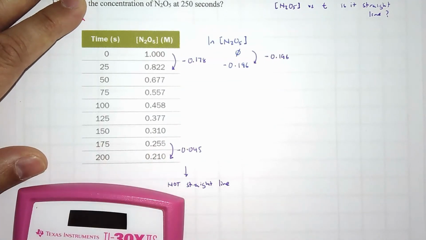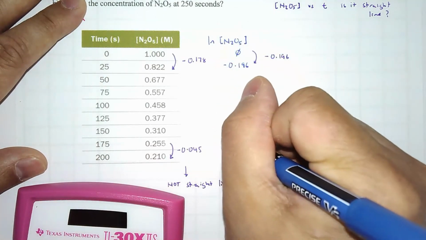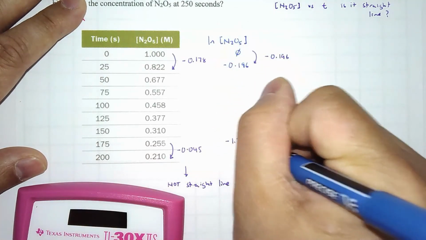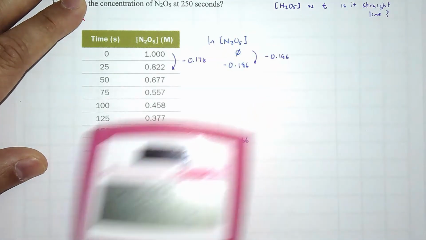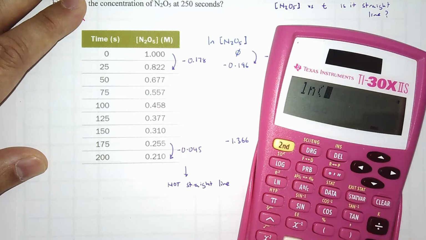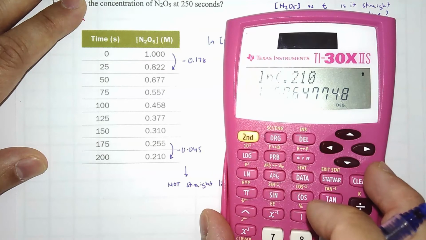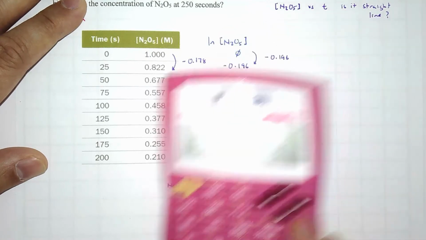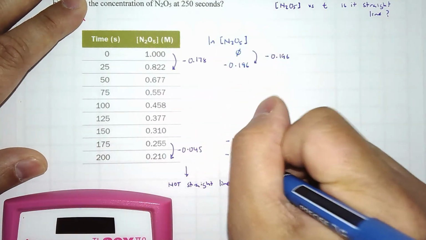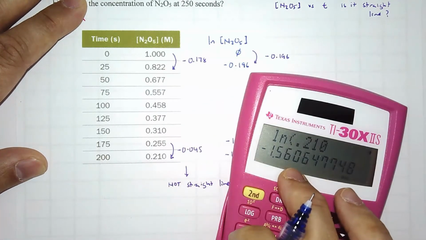The ln of 0.255 equals negative 1.366 right there. And then the ln of 0.210 equals negative 1.56. Actually, I'll round to 1.561, that last digit.